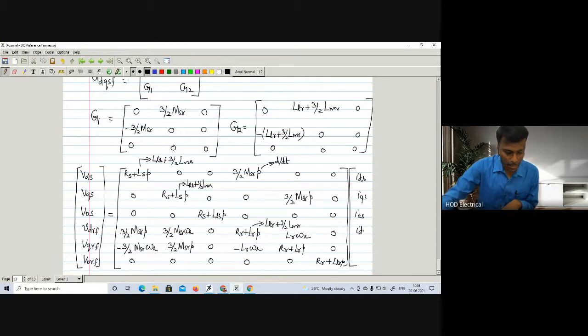I DR F, I QR F, and I naught R F. Since these three rotor variables are fictitious, and stator variables are as they are, we have this matrix of the voltage equation.